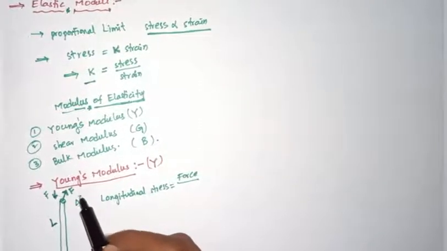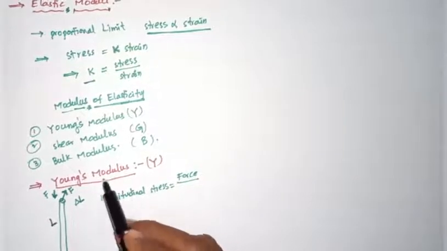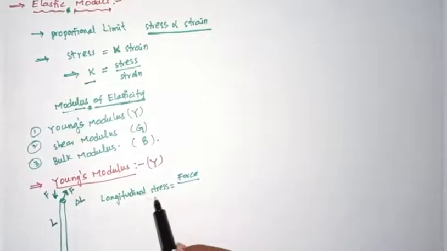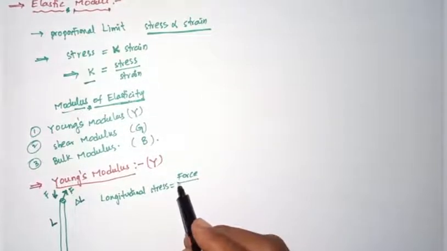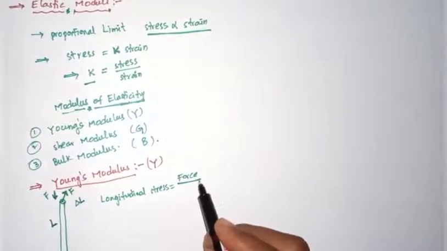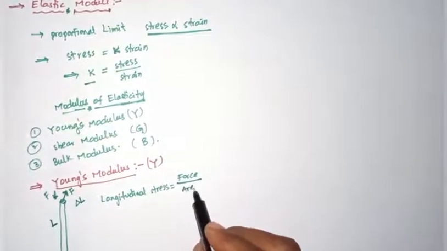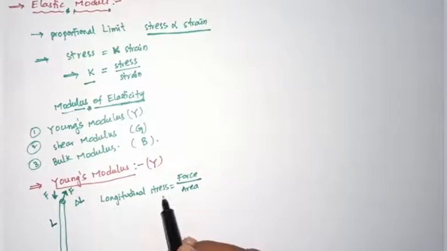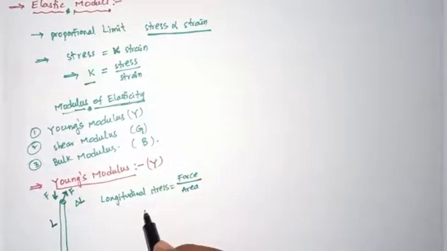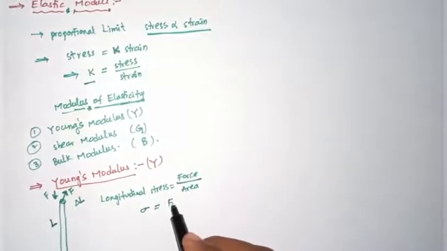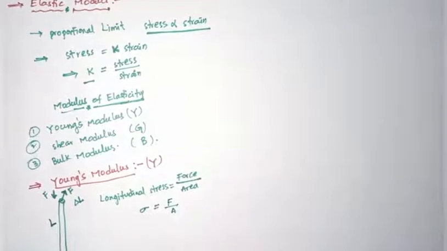Tensile stress and compressive stress are termed longitudinal stress. Longitudinal stress equals the restoring force by area. This longitudinal stress is denoted sigma. Sigma equals force by area.